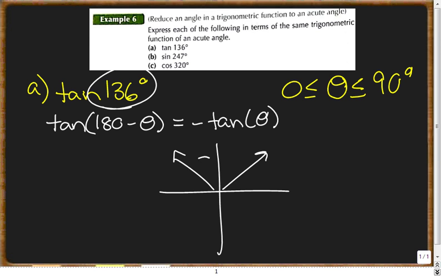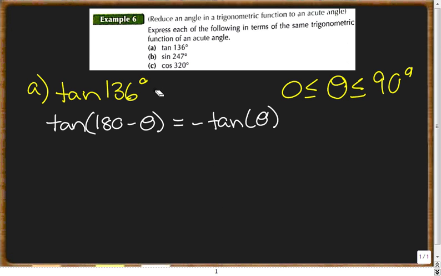So symmetry-wise, if we did 180 minus an angle, we would end up with the opposite tangent. So if 136 goes here, what would theta be? Theta would have to be 44. That means the tangent of 136 degrees equals negative tangent of 44.